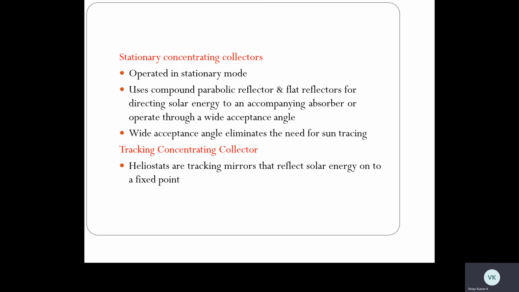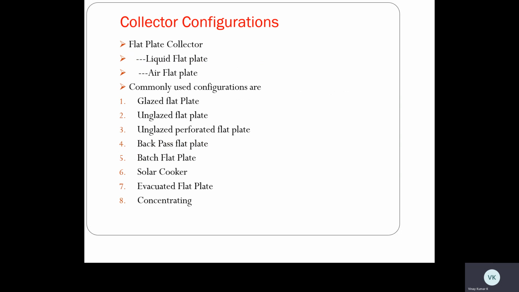And the next thing is, what are the different configurations that we can see in the collector configuration? What are the different specifications that a collector should have? If it is a flat plate collector, it is a liquid flat plate or an air flat plate.